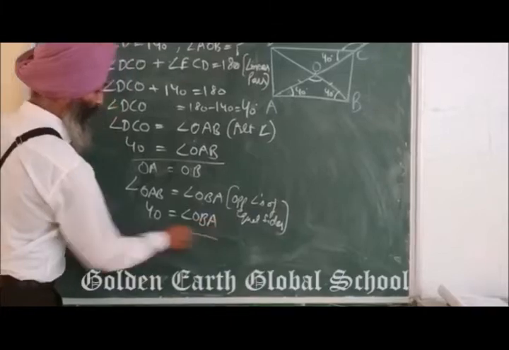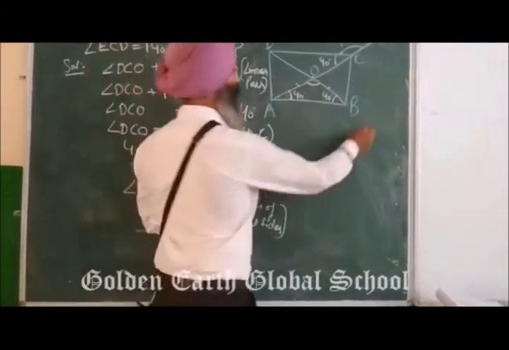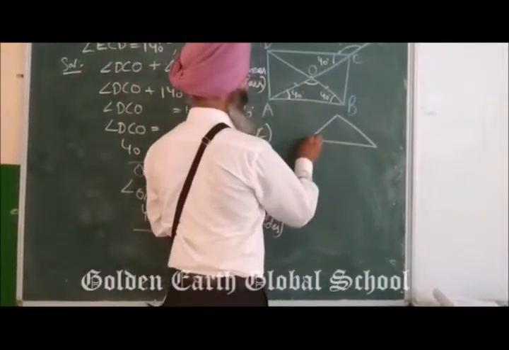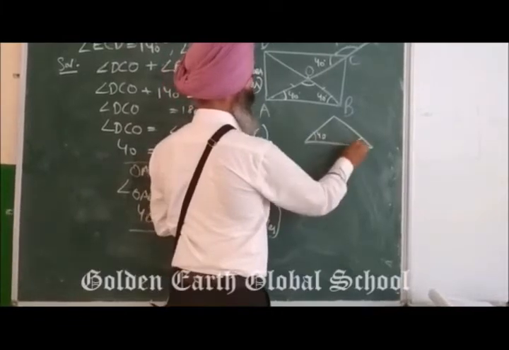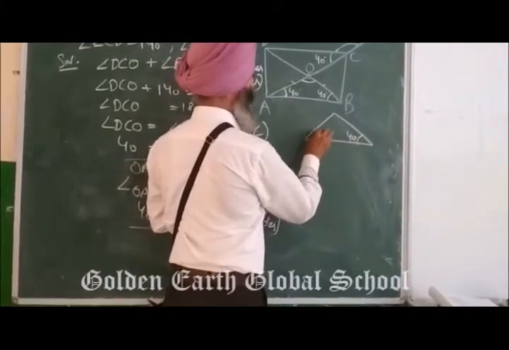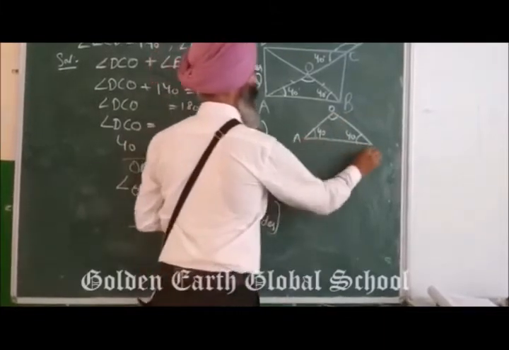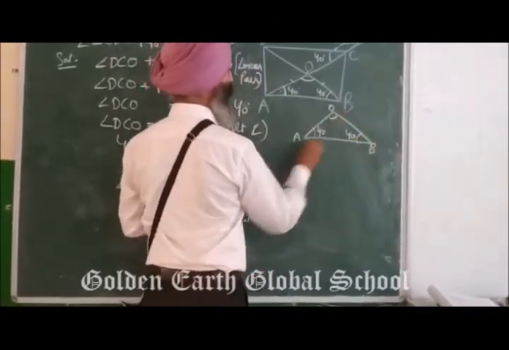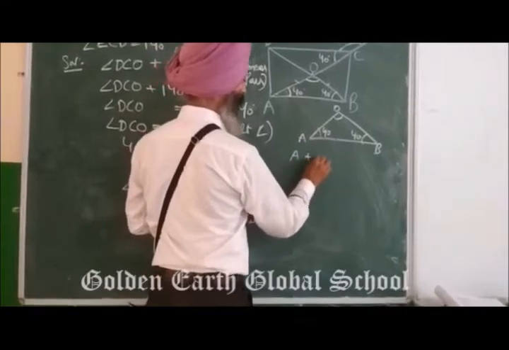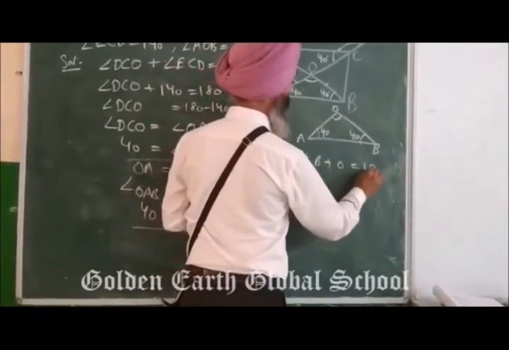Now take triangle AOB separately, in which this is 40, this is also 40, and this we have to find. Now we know that the sum of all angles of a triangle is 180 degrees.